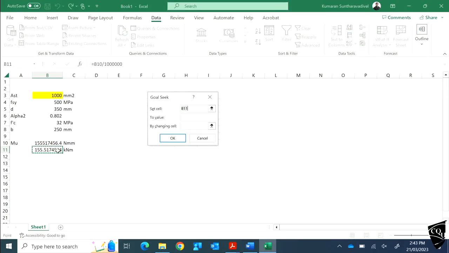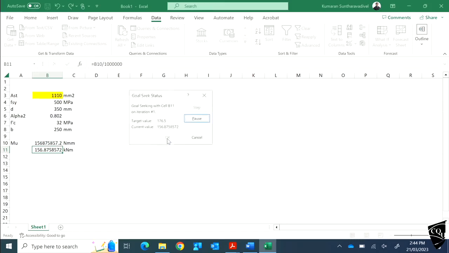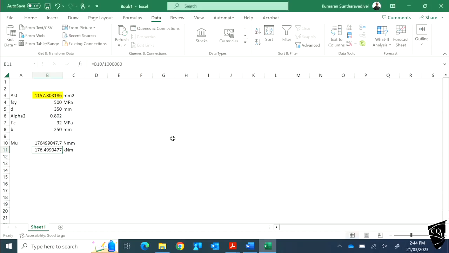Set this cell, so you select this cell. To what value do you want? 176.5. By changing this one. It will do all this calculation for you, and it will give the AST as 1156 or 1157.